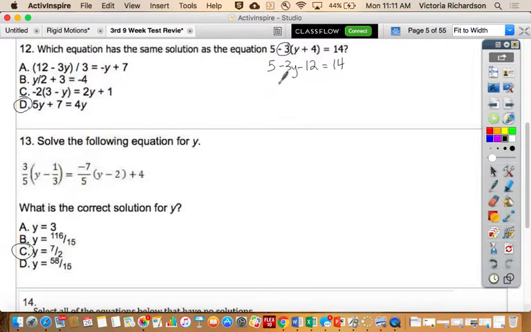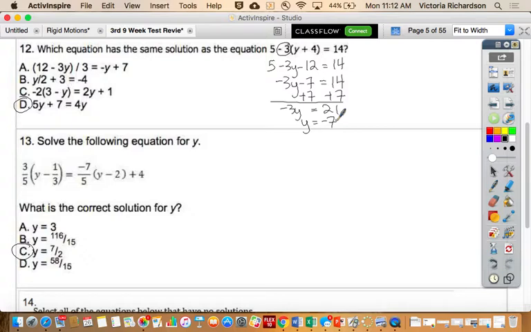And then you would combine your like terms, so you have negative 3y and negative 12 plus 5 is negative 7 equals 14. And then you would add 7. You get negative 3y equals 21. And your answer would be y equals negative 7 because you would divide by negative 3.